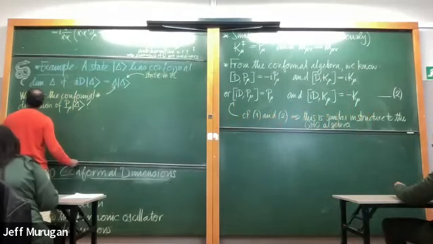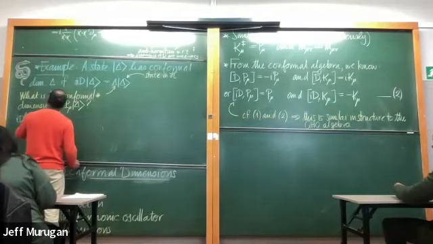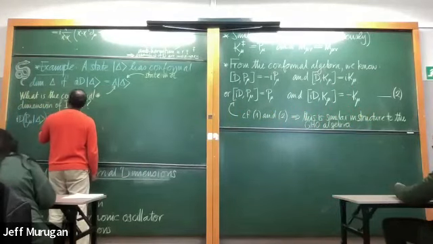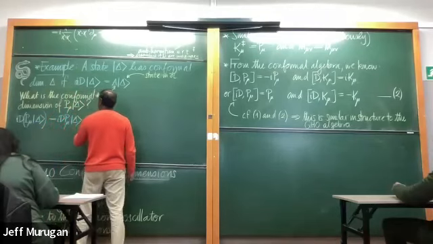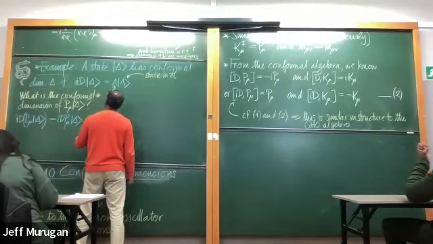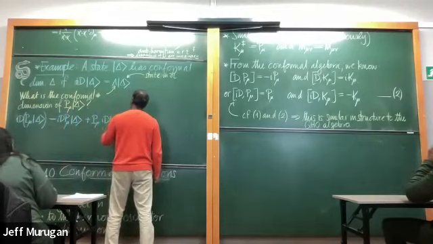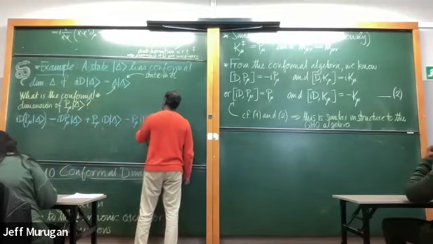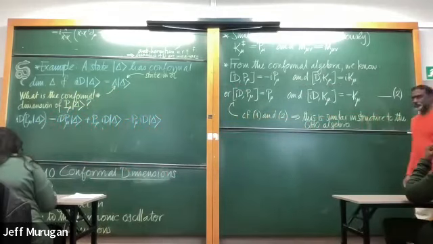So ID acting on P mu delta is ID P mu delta plus P mu by d delta minus P mu by d delta. So all I've done here is add and subtract the state P mu by d delta. Okay.